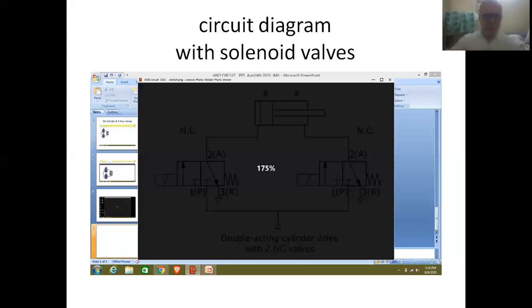So you see the heading, this is the circuit diagram used for explaining the end valve circuit provided with solenoid valves. So friends, this is one of the arrangements used for operating end valve circuits.